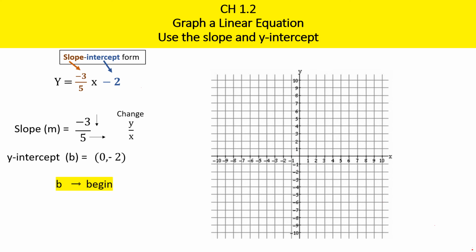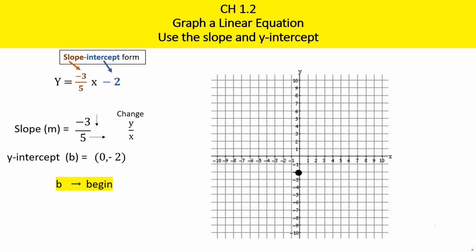That's why it's called b. Begin here. And we begin at 0 and negative 2. So we're going to come over, and 0 and negative 2 would be right here. And yes, that is our y-intercept, and that's where we begin our movement.